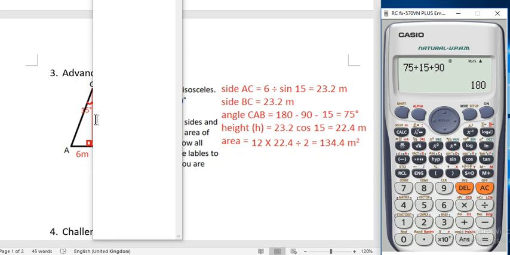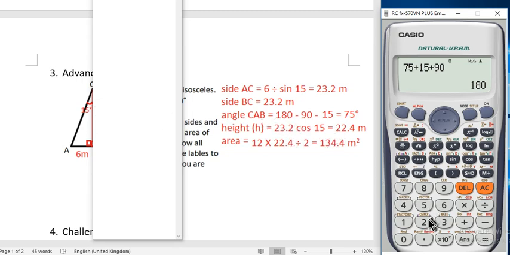this one here is what we call the adjacent. That one's called the hypotenuse. It is next to the angle, but it's actually called the hypotenuse, a long diagonal. So we've got the adjacent here that we are trying to find. If you're either trying to find it or it's given to you, we use cos.